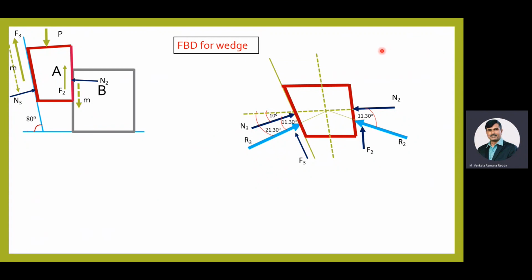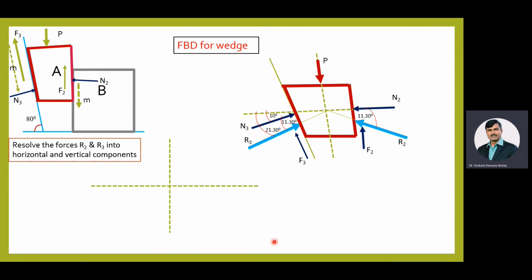Now we'll draw active force acting on the wedge, that is P. Now we will resolve the resultant forces R2 as well as R3 into their horizontal as well as vertical components. For our convenience sake, we will draw the axis of the wedge.